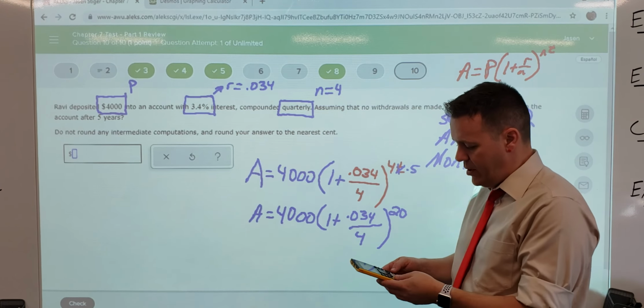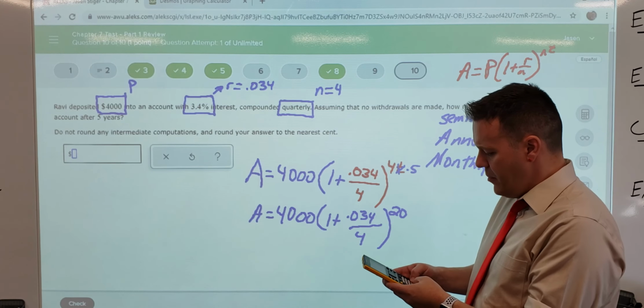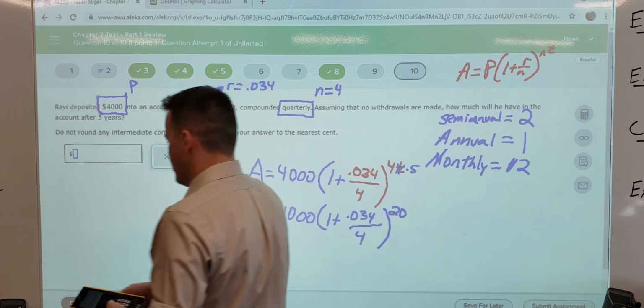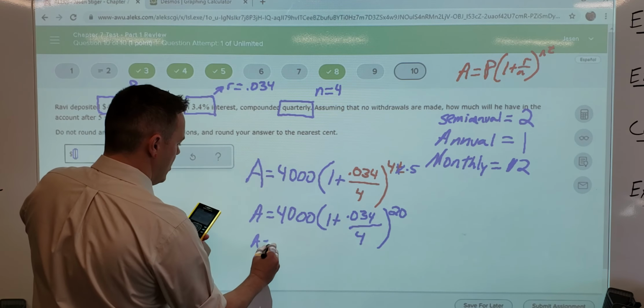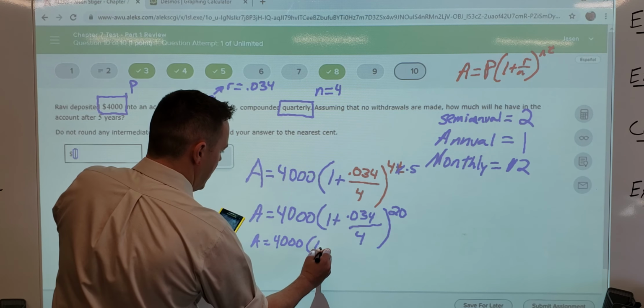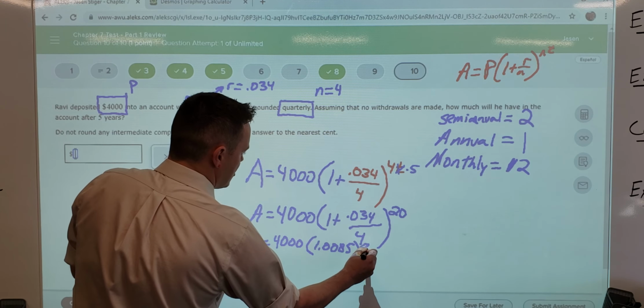So for example, if I go on my calculator, 0.034 divided by 4 is 0.0085. So in my calculator, I would go A equals 4,000, and then it would be 1.0085 to the 20 power.